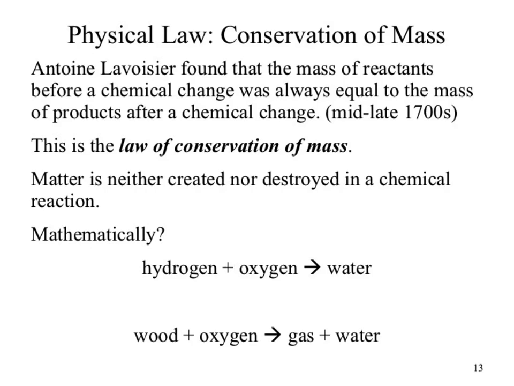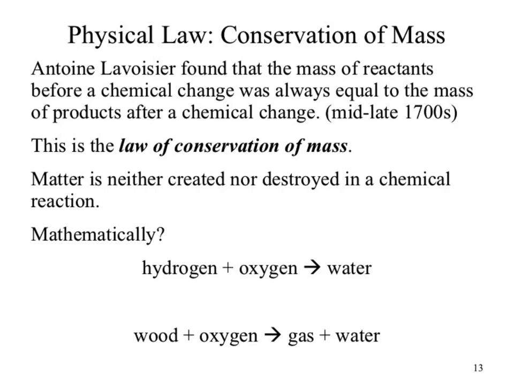Physical laws, we've got some laws back in chapter 3 which you read about. We get conservation of mass. We can't create or destroy matter, which means if we look at a chemical equation, I can use the chemical equation to predict the amount of something to come out of this.